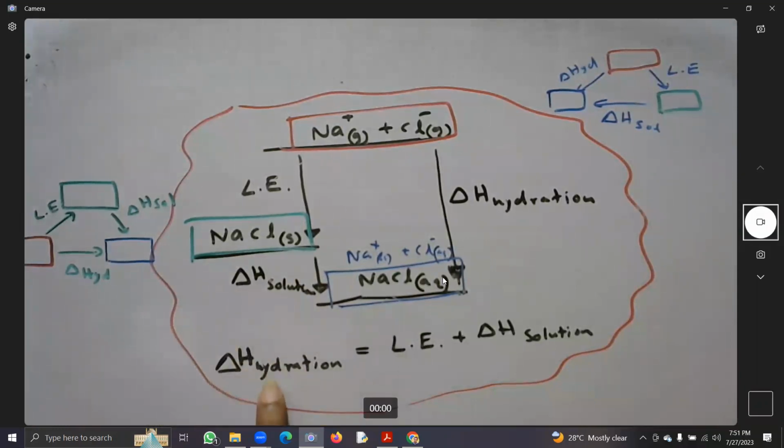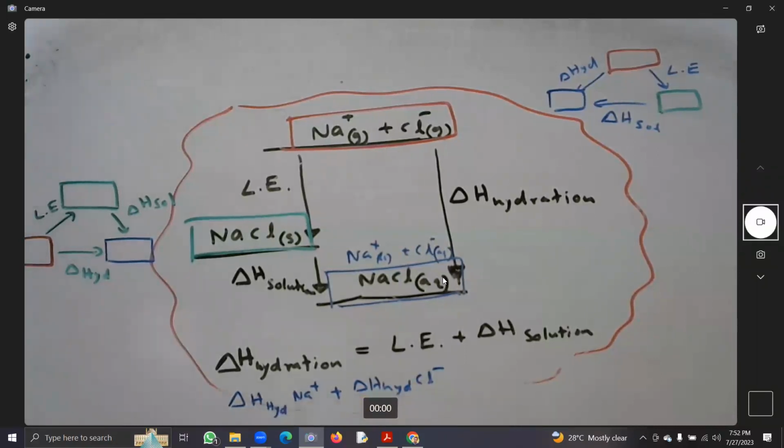So what we can do is rewrite this standard equation. In the place of enthalpy of hydration, they did not give me the magnesium hydration, but they gave me the chloride hydration. Now, where you wrote this, also write there. This hydration will break into two: delta H hydration of Na+ plus delta H hydration of Cl-.